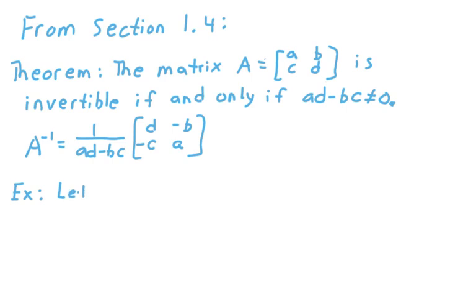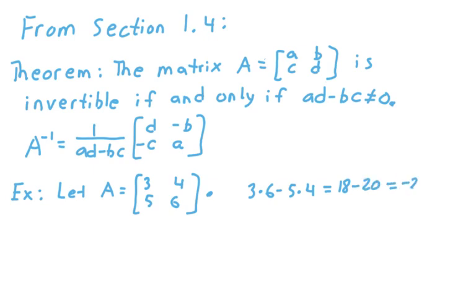Okay. Now, for example, if I let A equal the matrix [3 5; 4 6], and I want to know, is A invertible? Well, if I take 3 times 6, and then I subtract 5 times 4, I get 18 minus 20, which is equal to negative 2, and that doesn't equal 0.